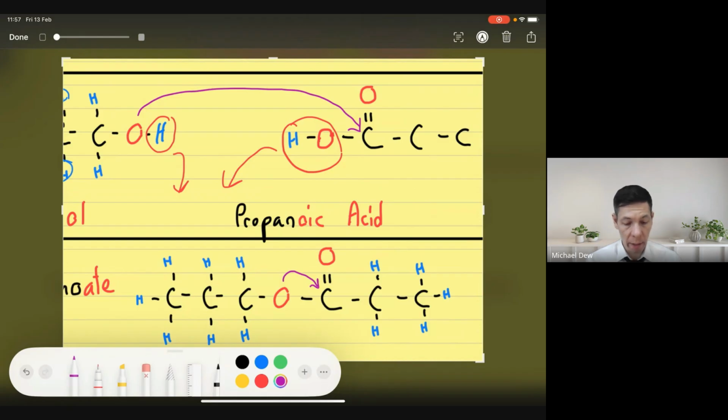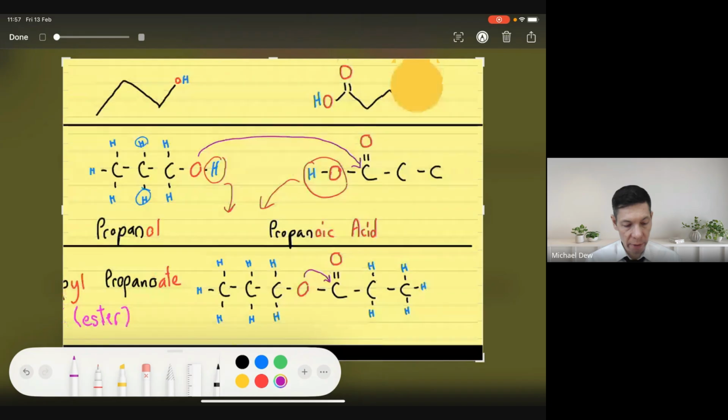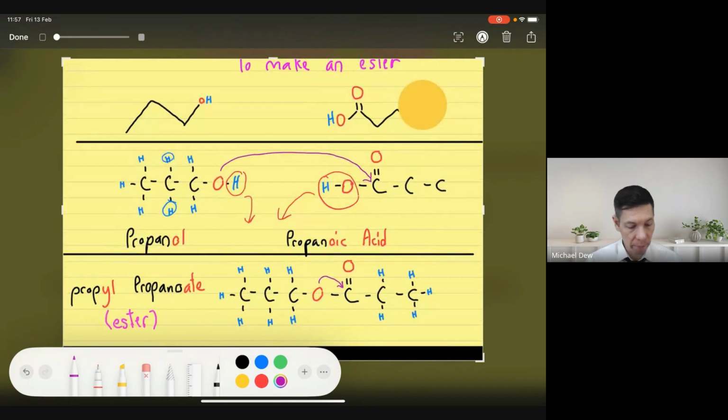If you look down here at the bottom, you have the final ester. Notice we have the alcohol, what's left of it, right here, a 3-carbon alcohol in the black box, and what's left of the carboxylic acid is right here in the blue box.